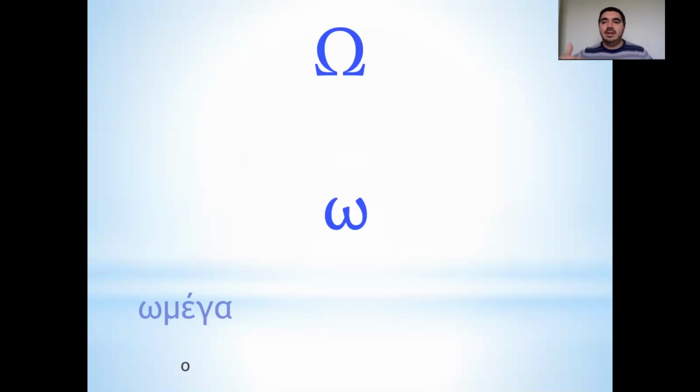From Alpha to Omega, from A to Z, right? Omega looks like a W, but it is an omega. Essentially in Greek we have two letters for the sound O, the omicron and omega.